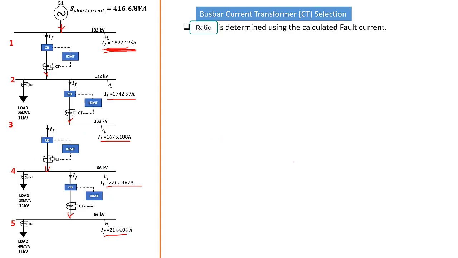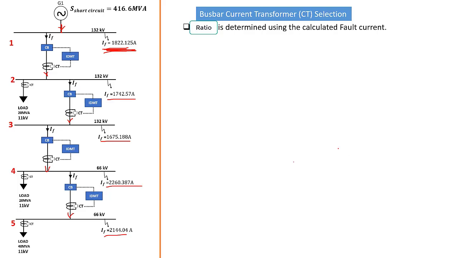So we need to protect the transformer in case there is a short circuit on the bus bar. So this CT ratio will be important in order to ensure the protection of the transformers and other equipment that are connected onto the bus bars.